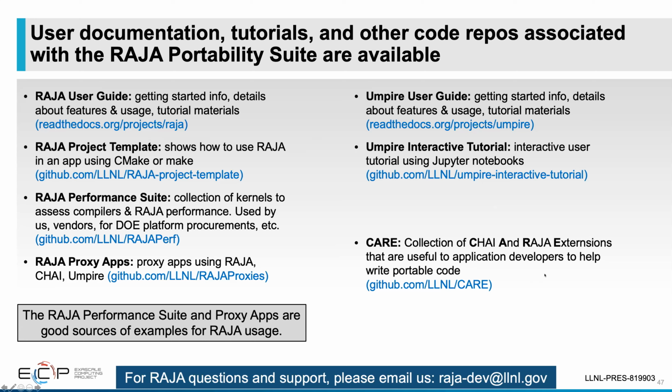CARE is a project that expands on CHAI and RAJA, and it adds additional capabilities for folks who are interested in building on CHAI and RAJA in their application. And of course, for any questions and support, please email us at rajadev@livermore.gov. All right, and with that, I conclude. If there are any questions that I can answer, I'm more than happy to.